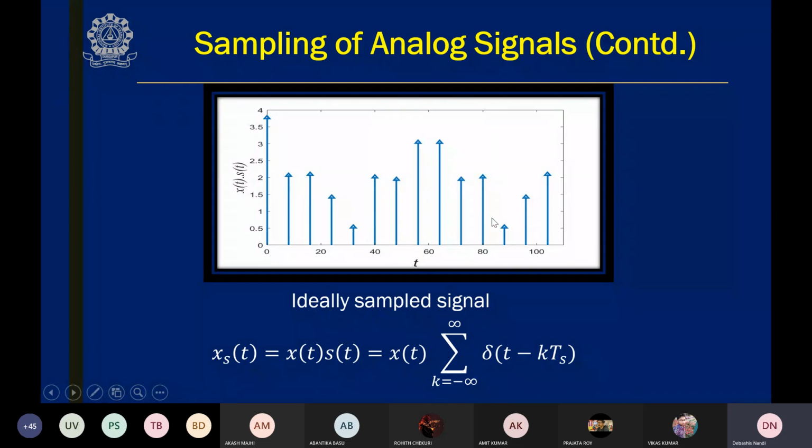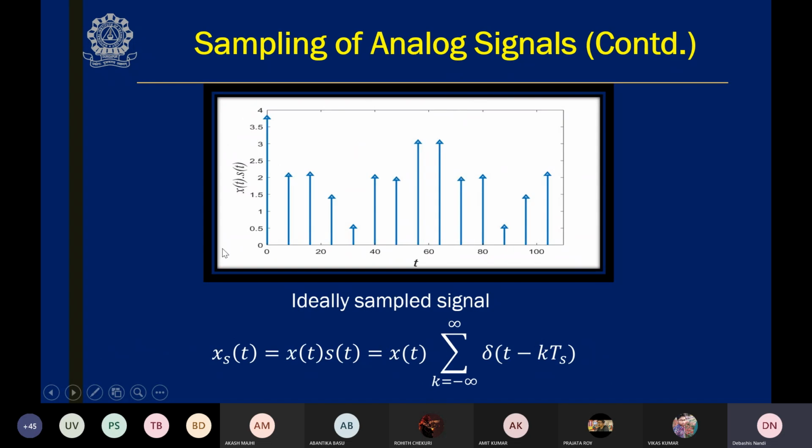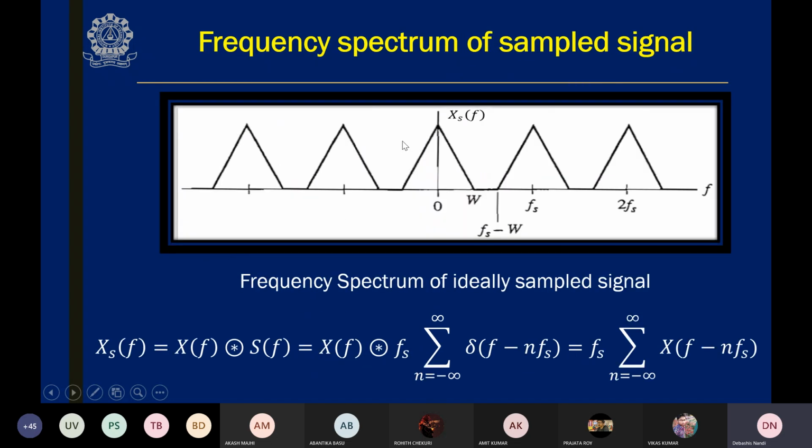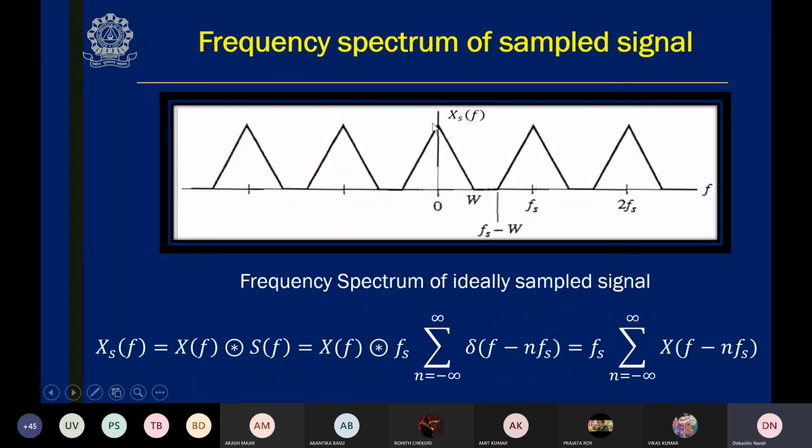If you want to take the Fourier transform of this sampled signal, then what will it be? I will show this in the next slide. If you take the Fourier transform of this sampled signal, you get this Xs(f). Now, in this Xs(f), we see the original triangular shaped thing is there, this one.